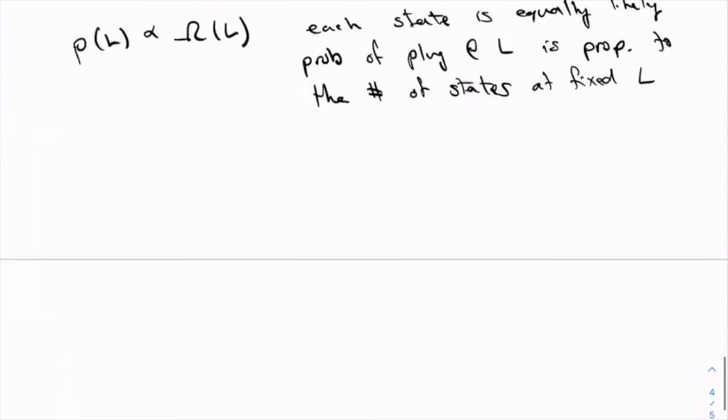So that means that the most probable L, the most likely state of the system, the most likely position of our plug, is the one that maximizes the number of solute microstates.